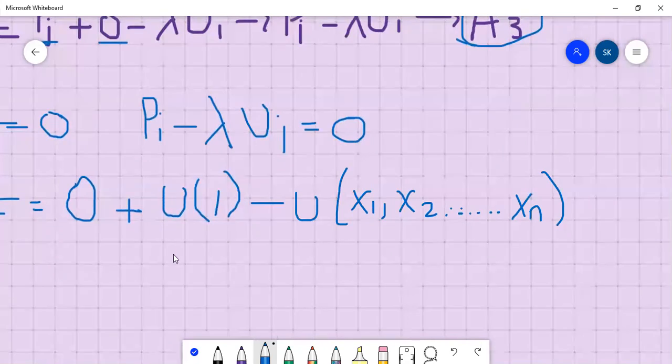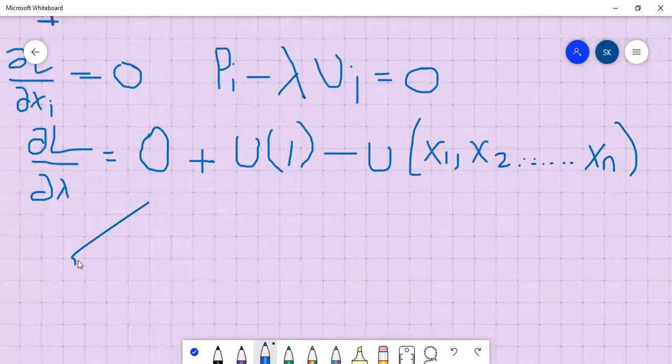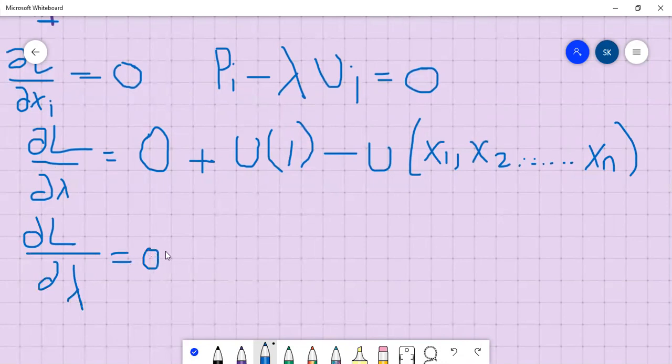Now again, we know that we are concerned with the first order condition, and when we are concerned with the first order condition, we put this partial derivative also equal to 0. Therefore, curly L over curly lambda is equal to 0. That implies u minus u into x1, x2 till xn.